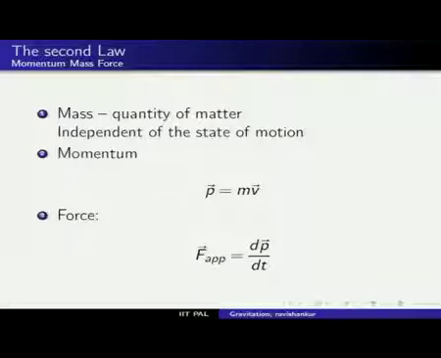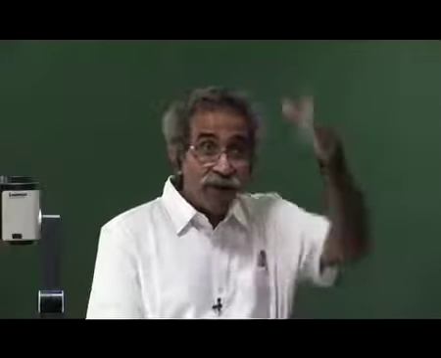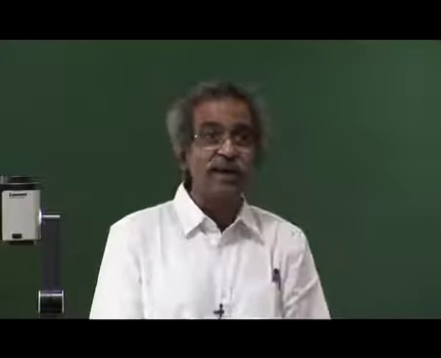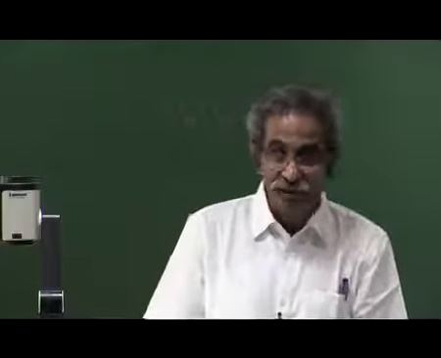It is not an equality. We are saying that F applied is the cause and dP by dt is the effect. It is very, very important for us to know that F applied, applied means there is a physical agency. Somebody is pushing the car, somebody is pulling a rope, somebody is dropping a stone and the earth is attracting it. That is the statement that we want to make.